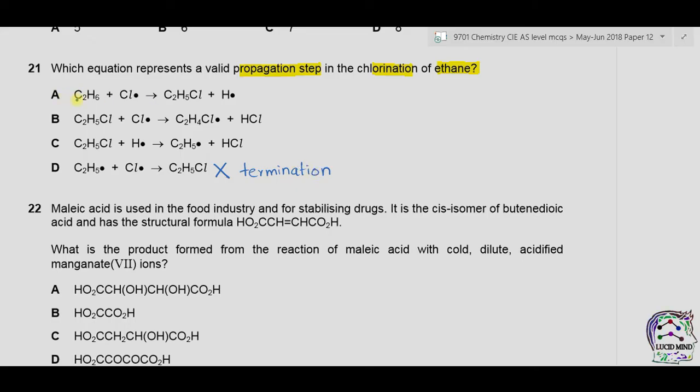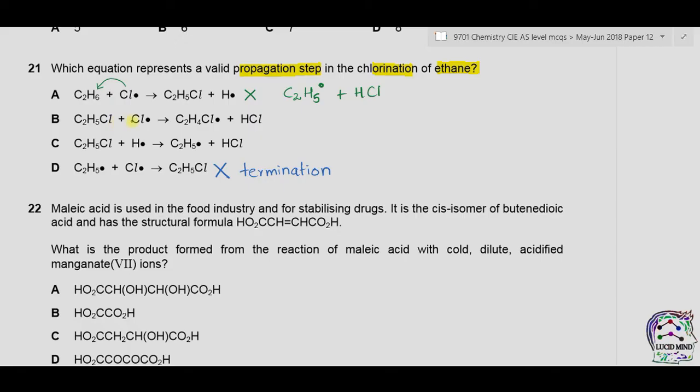Looking at option A, we have C2H6 that reacts with chlorine radical, and the chlorine radical will take out hydrogen to form HCl. So the product will not be this one, the product will be C2H5 radical along with the molecule of HCl. So A is incorrect.